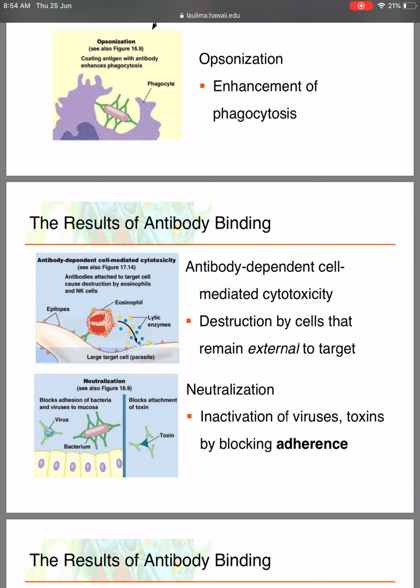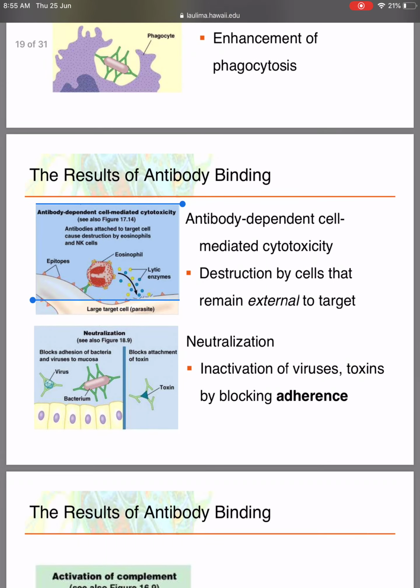This parasite will bind with the antibody and form an antigen antibody complex, and this will be attracted to an eosinophil having Fc receptor, or a natural killer cell. They release chemicals, and those chemicals will cause pores on the surface of the parasite. So this is another one.